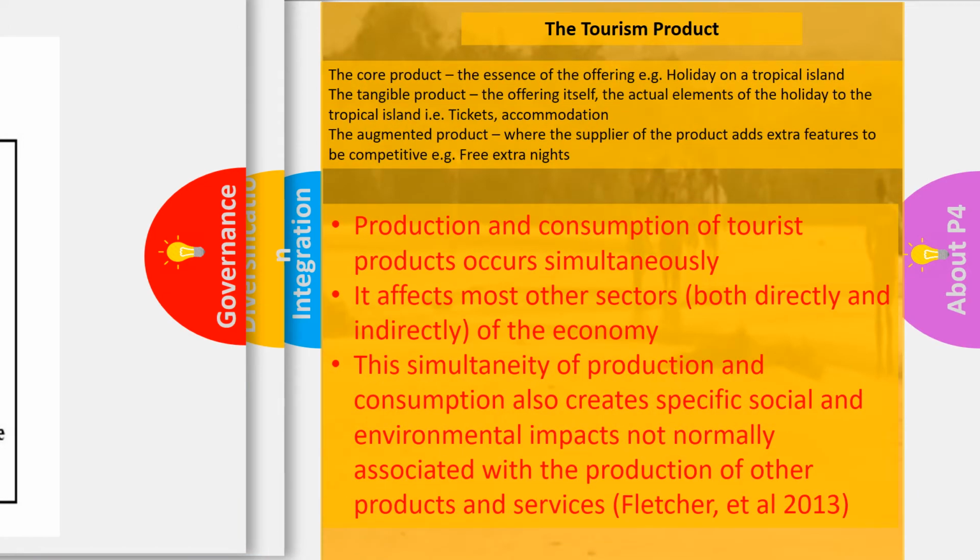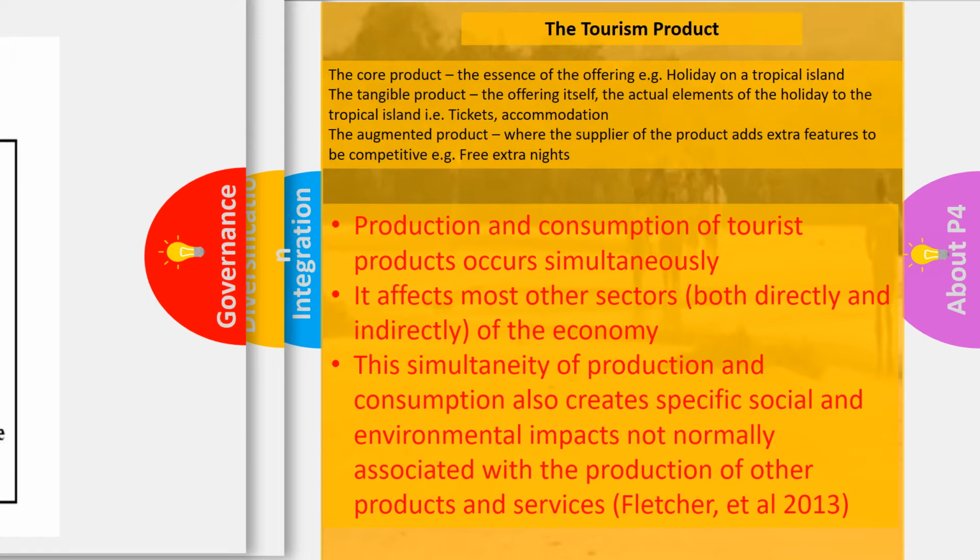When we think about the product as well, the production and consumption of tourist products occurs simultaneously. It affects most sectors, both directly and indirectly, of the economy. This simultaneity of production and consumption also creates specific social and environmental impacts, not only associated with the production of other products and services.